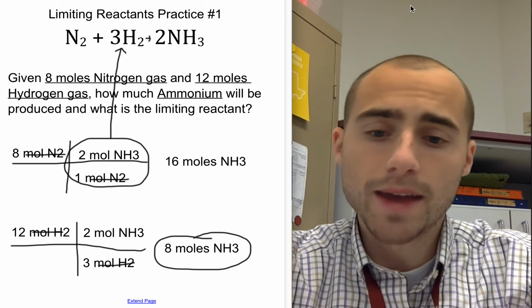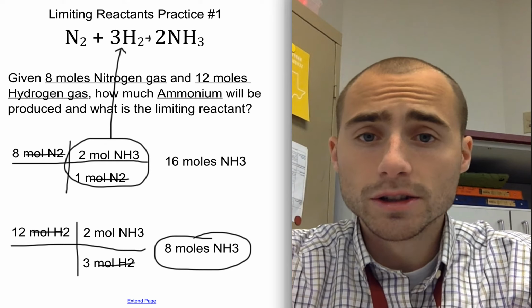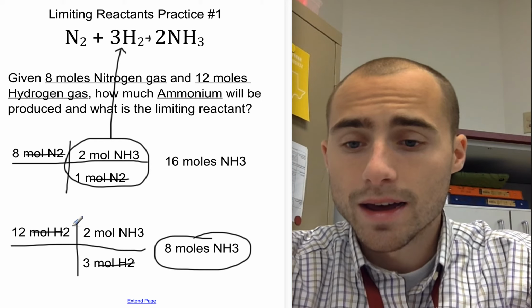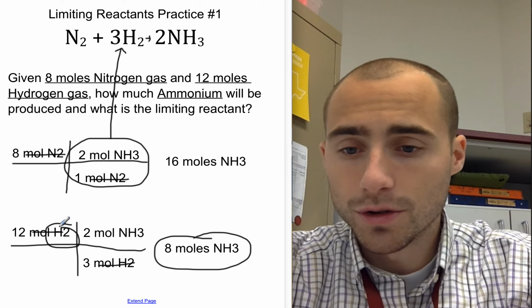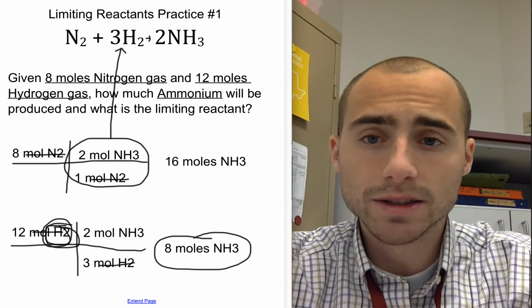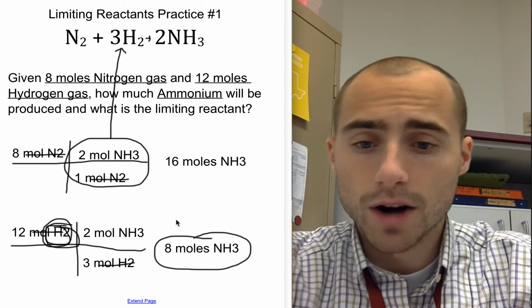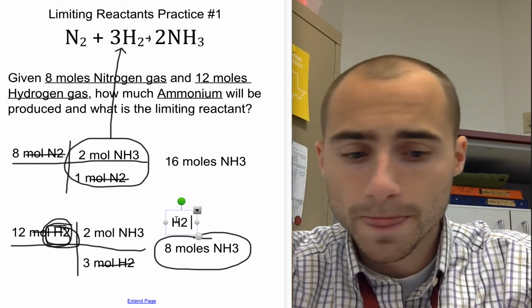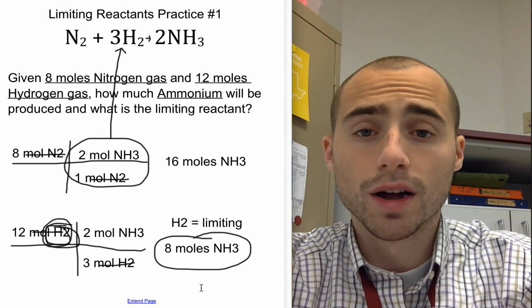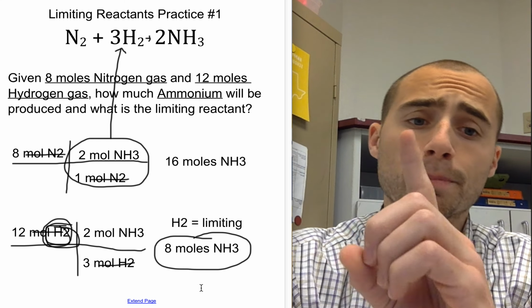So 8 moles of NH3 is the lower number, so that is how much product will actually be made, 8 moles NH3, and that was made from our H2 right here. You got to go back and look at your beginning. That was made from our hydrogen gas. So that means, again, our hydrogen gas, H2, is our limiting reactant because it produced the lower number of product. So that is practice problem number 1.